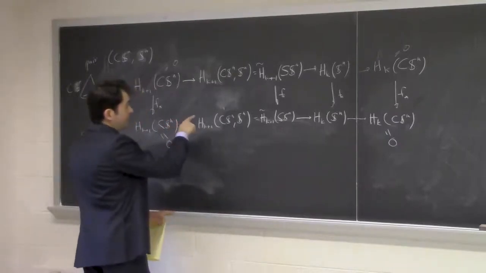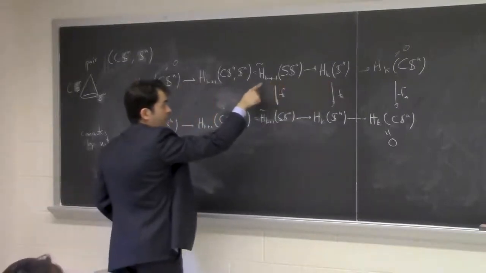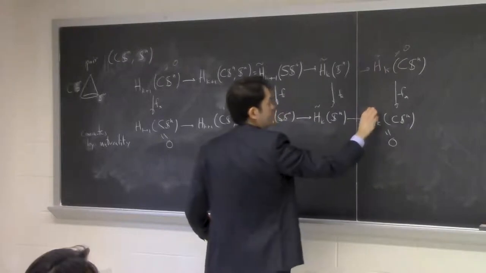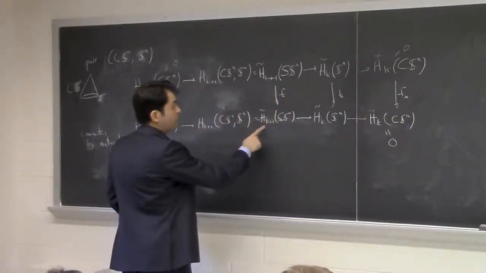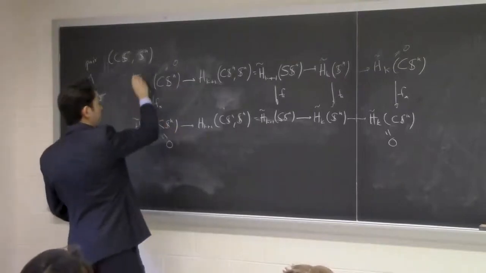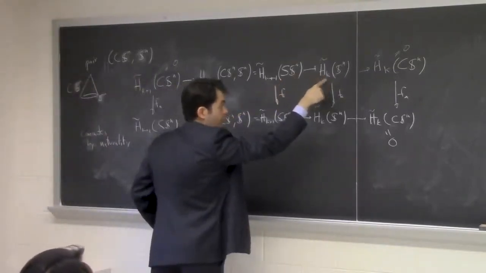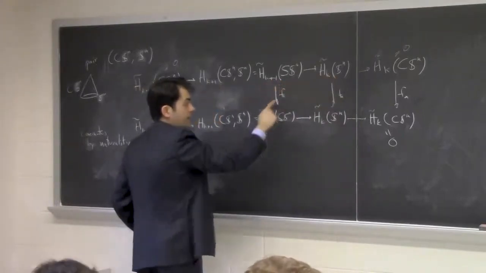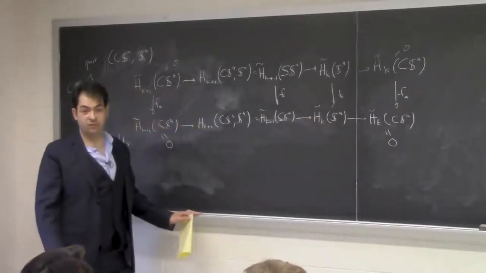So this says that you have an isomorphism, well, I should have put reduced, here also reduced, whatever, between the kth reduced homology of Sn and the k plus 1 of the suspension, and that isomorphism commutes with the action of f star.